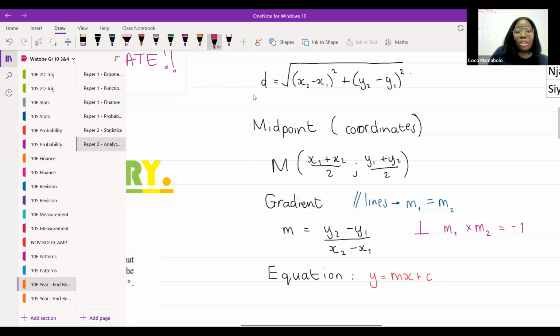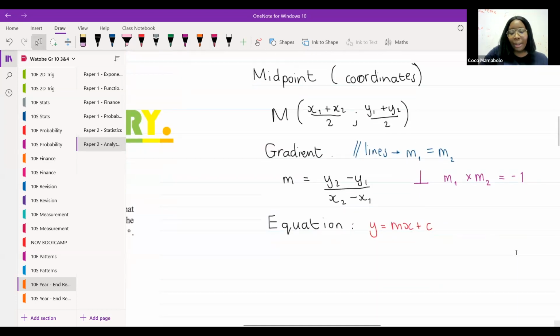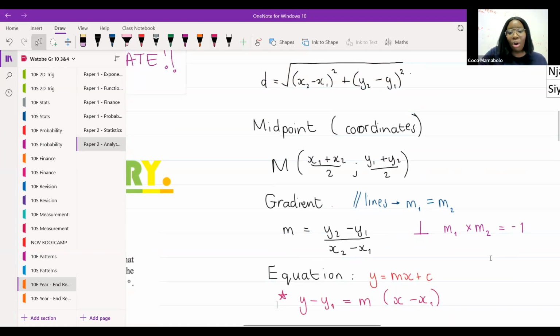But for analytical geometry, we can also say y minus y1 is equal to the gradient multiplied by x minus x1. I can show you how this other formula works when we are doing these questions. And these are the rules that we need to know for analytical geometry.